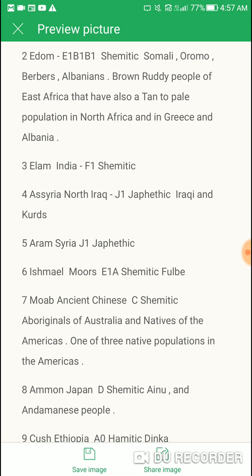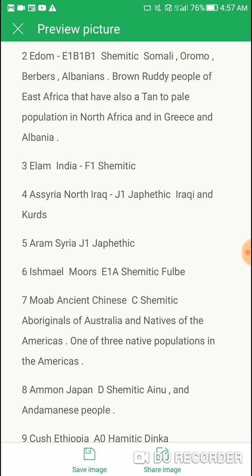So with Edom, Edom is very interesting. I continue to find a lot of things about Edom, and they are an interesting group of people.